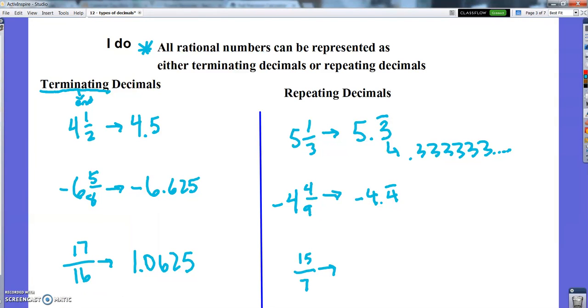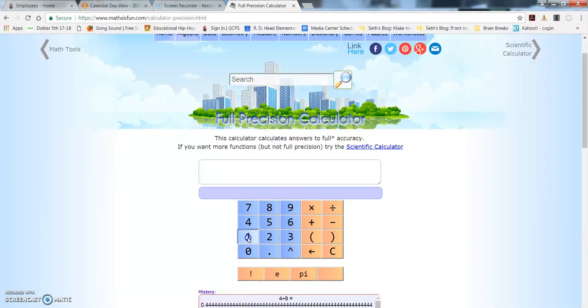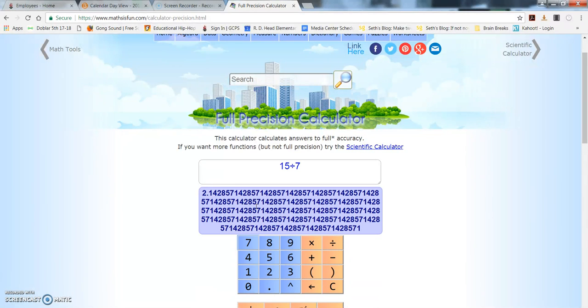And sevenths repeat differently too. You'll have seen this one in the activator, or the connect rather. 15 sevenths. It's going to repeat, but it's not one digit that repeats. It's actually 6 digits. You'll notice it's 2 and this repeats: 1 4 2 8 5 7, 1 4 2 8 5 7.